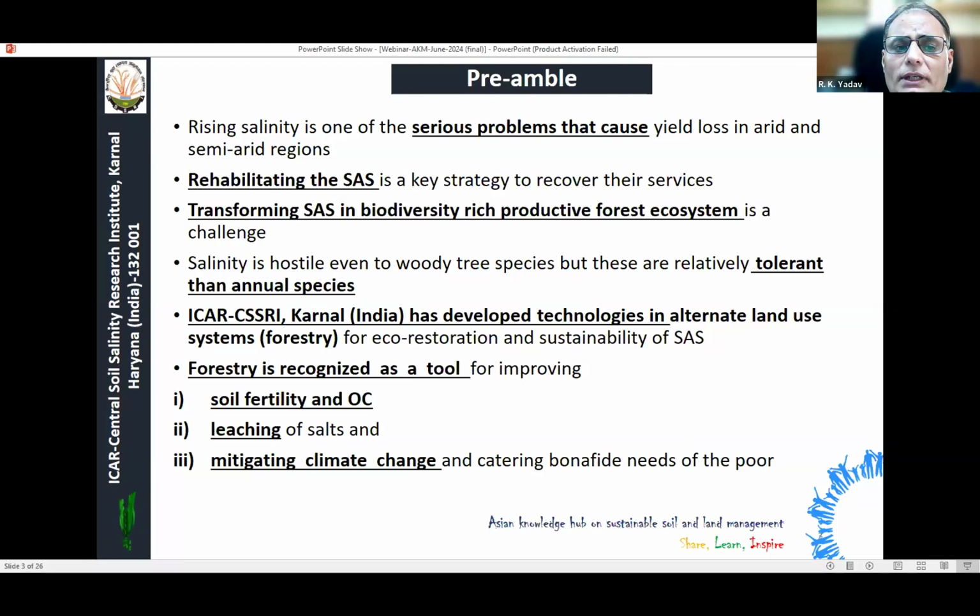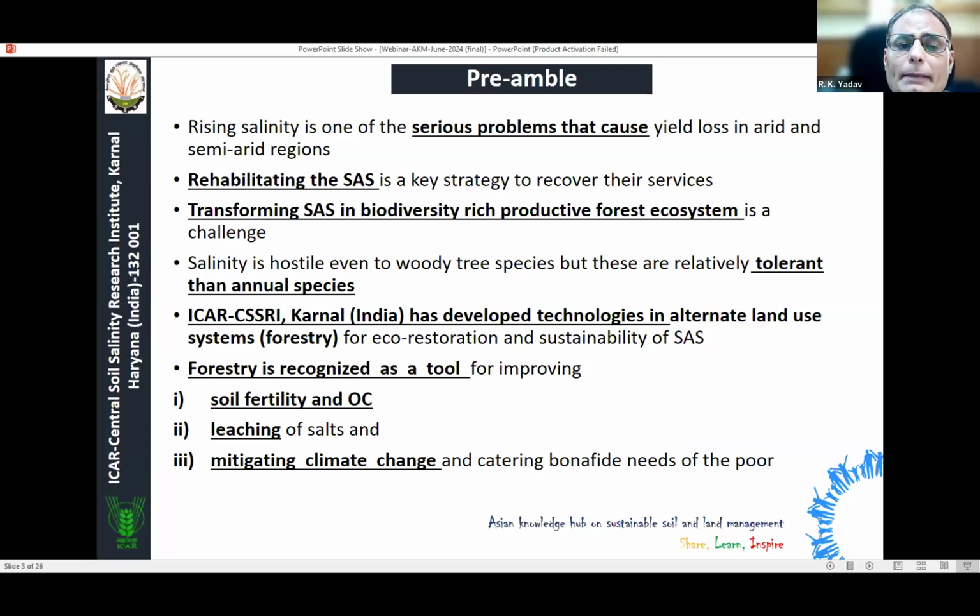The Central Soil Salinity Research Institute is a premier institute working on managing salt-affected soils and has come up with alternate land management technologies pertinent to forestry operations since the inception of the institute. Forestry, from the past, has been recognized as a very important tool for improving salt-affected soils in particular and marginal lands in general.